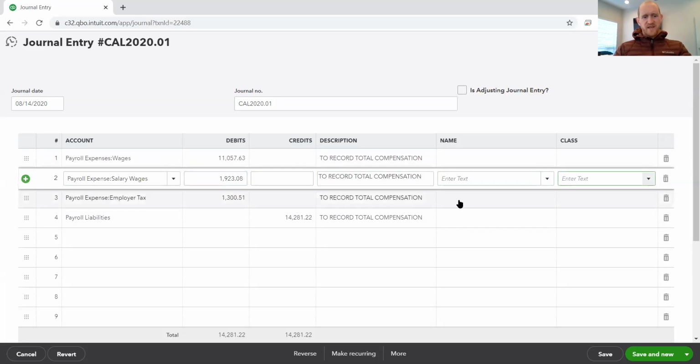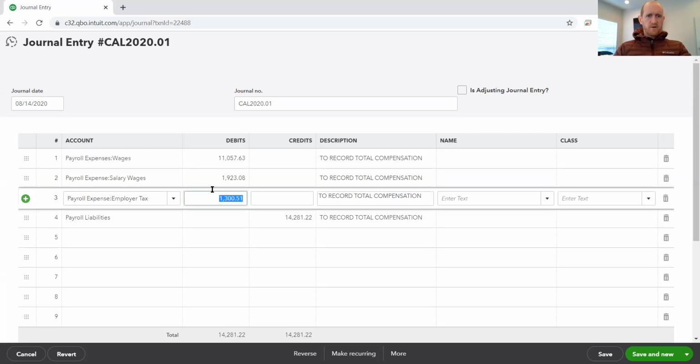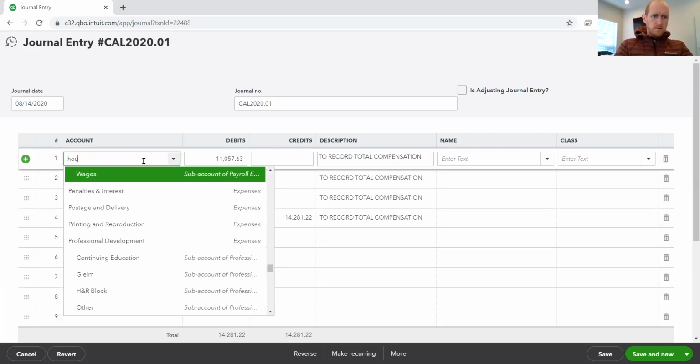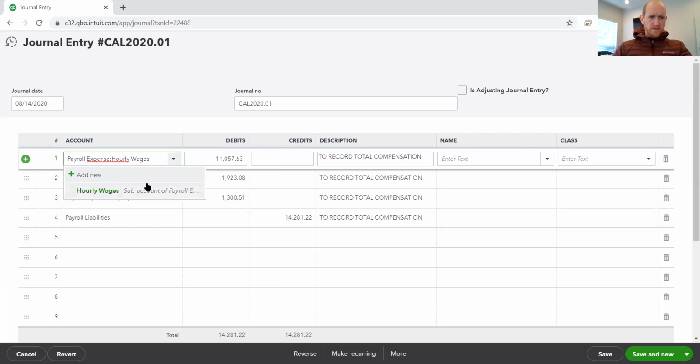And I might even say, well, I'll include that next time. So now I've broken it out of hourly. I'm going to call this hourly wages. Okay, now what I've done is I've broken it out hourly and salary.